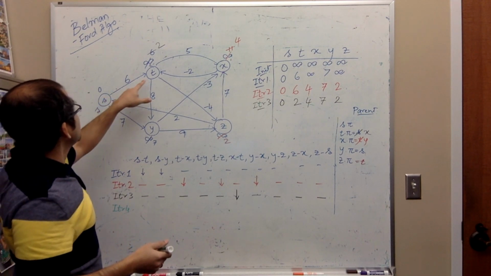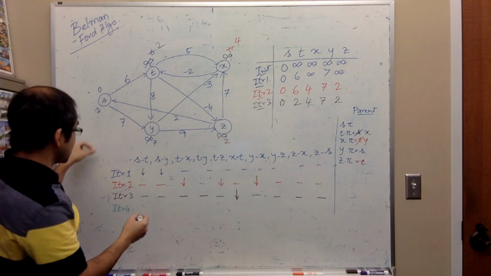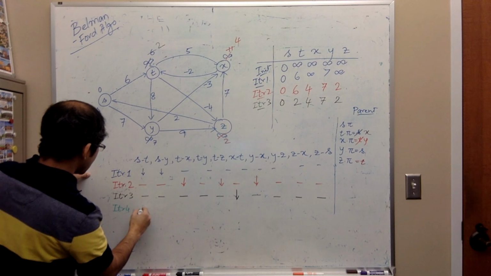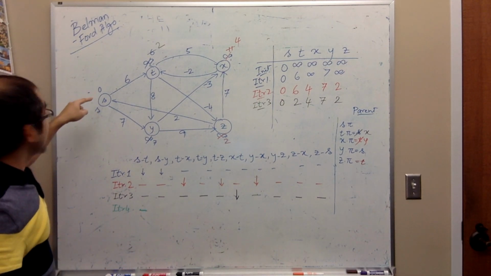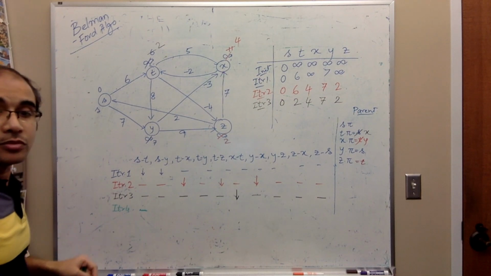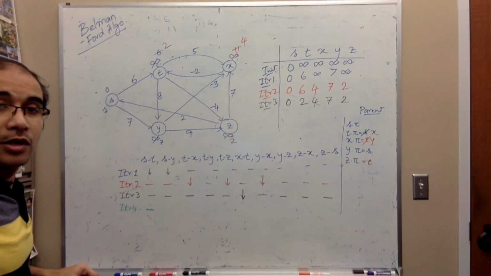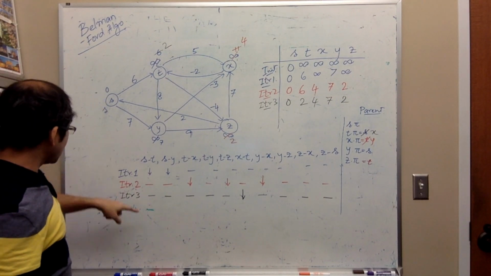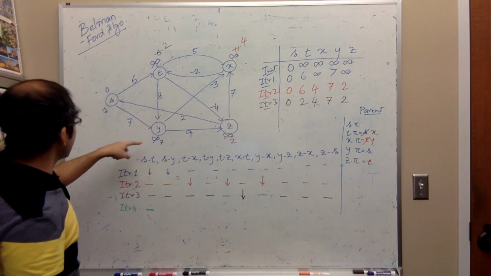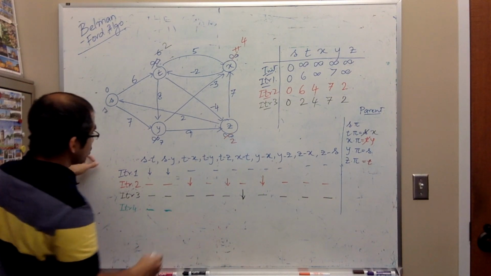S to T, we have a cheaper distance estimate, so nothing to do. I hope you can see the green color. And then S to Y, which is 7, nothing to do, no reduction.